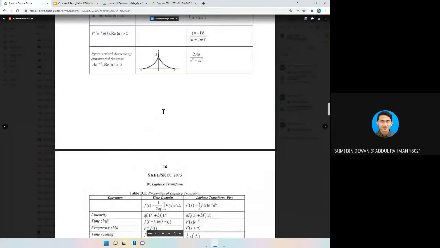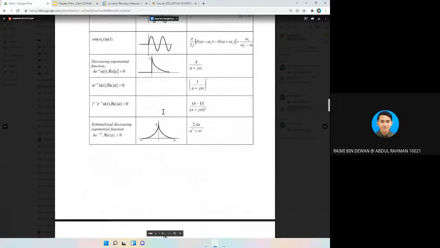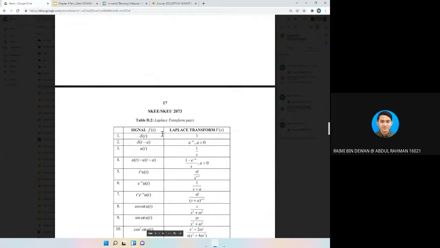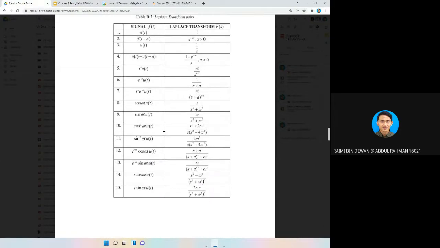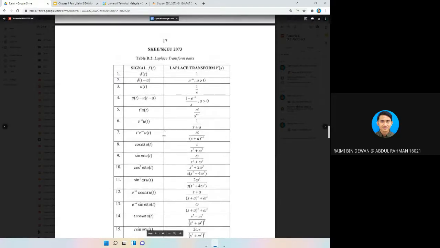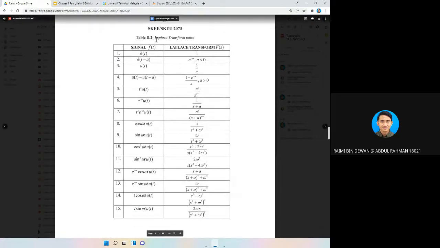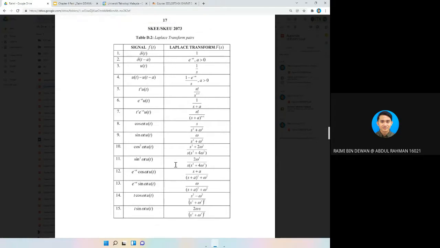If you see from the Laplace transform pair, if the value is provided here, I mean some guidelines, you can refer to here to see the similarity that you can take.